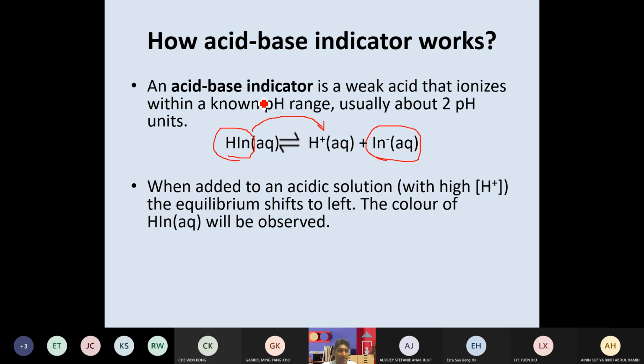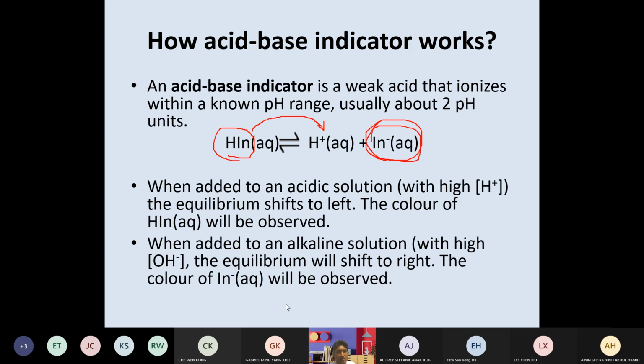All right. Another thing is, if a strong acid is there, the indicator can also take this hydrogen back and change the color back. So that is the mechanism of how they change the color when we add them into the solution.